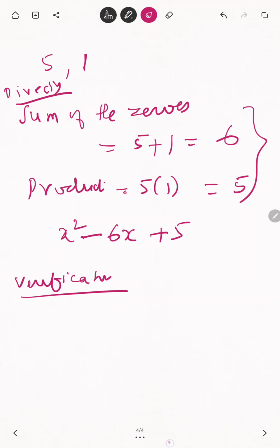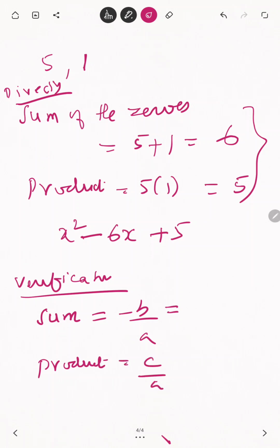For verification, for the sum one formula is available, minus b by a, and for the product another formula is available, c by a. Here a is 1, b is minus 6, c is 5. You already know this. So minus b means minus of minus 6 by a, which is 1.